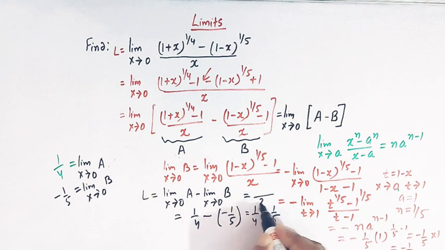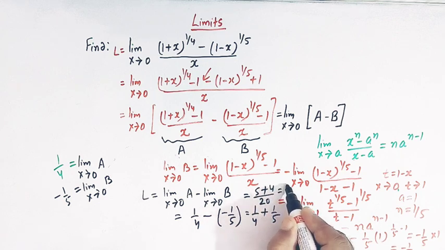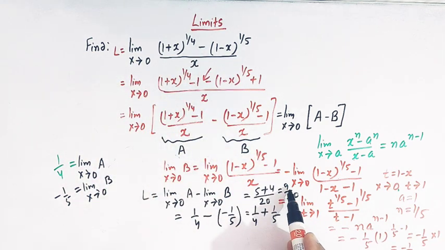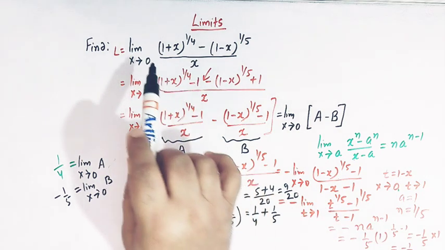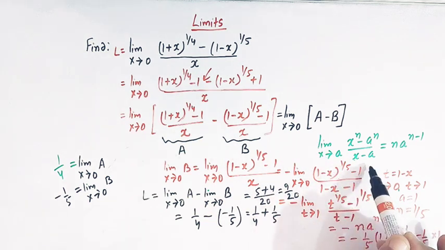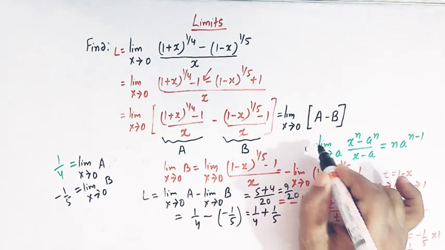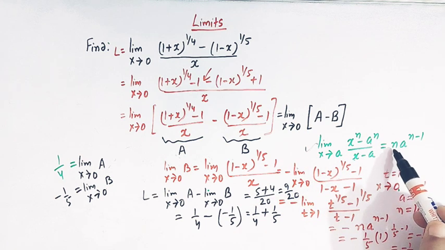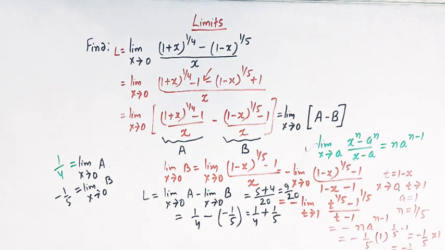Here we have 20, then 5 plus 4, that is 9 over 20. So the value of this limit is equal to 9 over 20. And remember, to evaluate these types of limits, we always make use of this important result from limits, where n is a rational number.